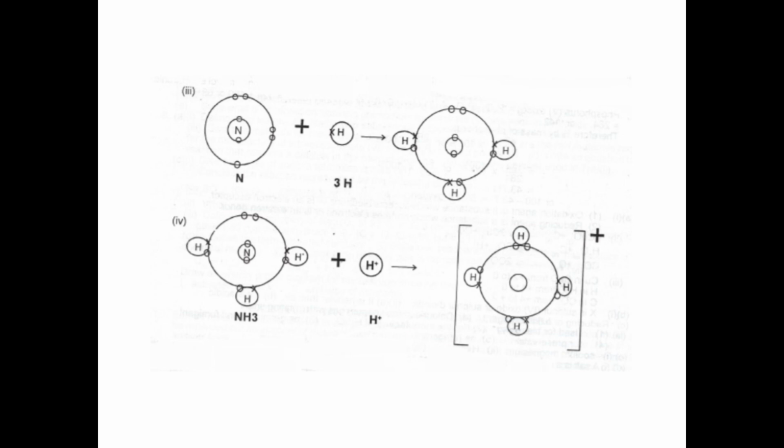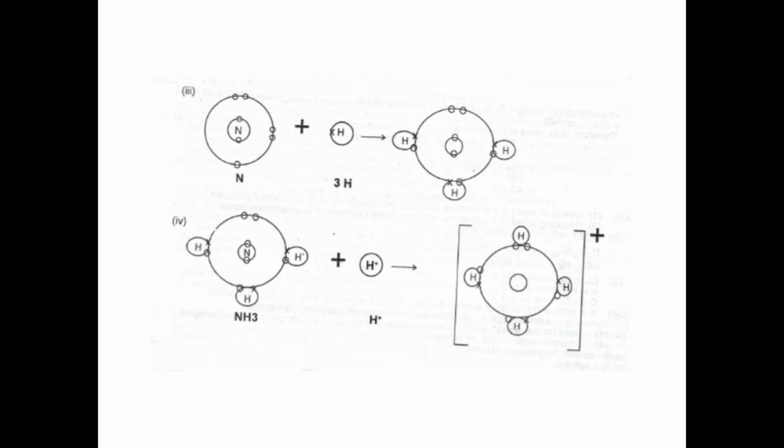You have NH3, one hydrogen atom each combining with a nitrogen atom, and of course, don't forget, in nitrogen you have three single electrons with a lone pair on it. So it will use one each to bond with the hydrogen atoms to form NH3. So this is how you should draw the diagram.